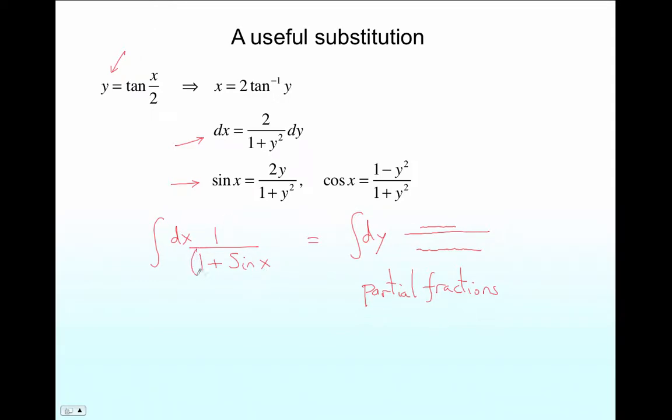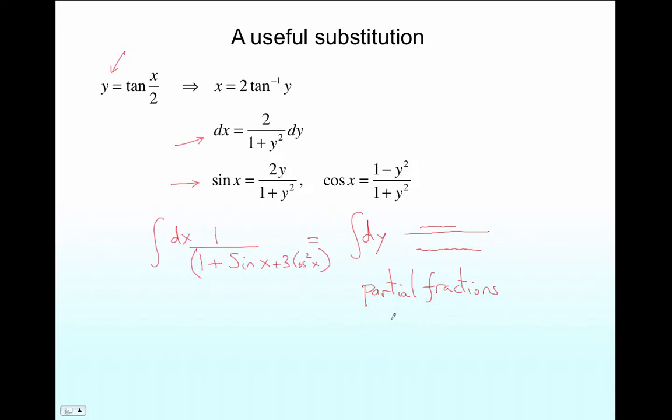Now that's a rather simple example, and you could do it in another way too without using the above substitution. But then what if I had something like this, 1 plus sine x plus, let's say, 3 cos squared x. I'm just making this up. And then I could even square it or cube it or whatever. Again, by the substitutions above, you would get a polynomial on top, another polynomial at the bottom, and use the method of partial fractions.